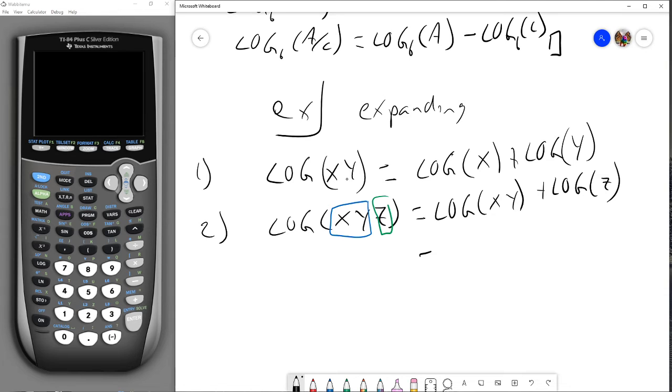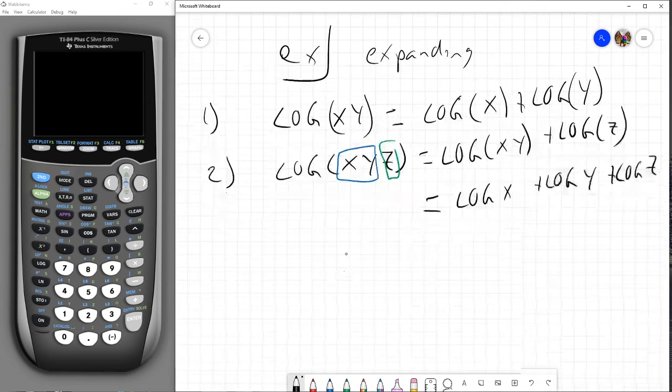Then we can apply our multiplication rule again and have log of x plus log y plus log z. So here we used the multiplication rule 2 times. We use it first to recognize that you have a quantity here in blue, the xy times the z, and then we used it again to break up this xy.